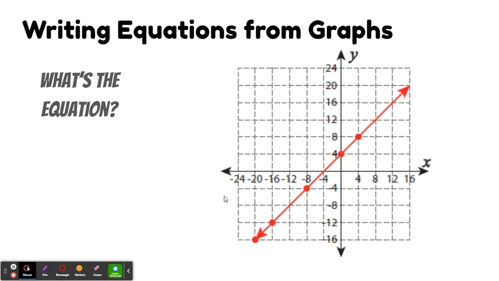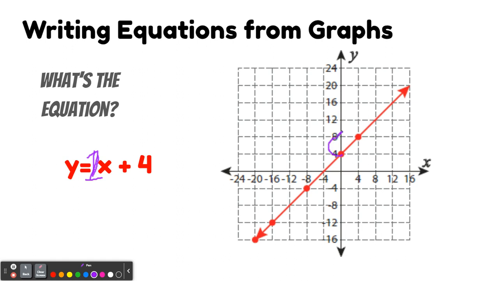Go ahead and try this one. All right, the equation for this one is y equals x plus 4. Now we remember this is just an invisible 1. Whenever we don't see a number there, that's just an invisible 1. So we're going to go ahead and count. Notice that these go up by 4.